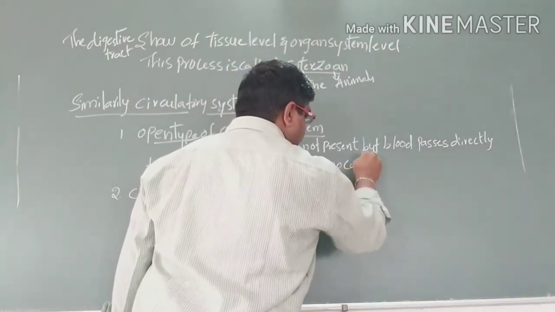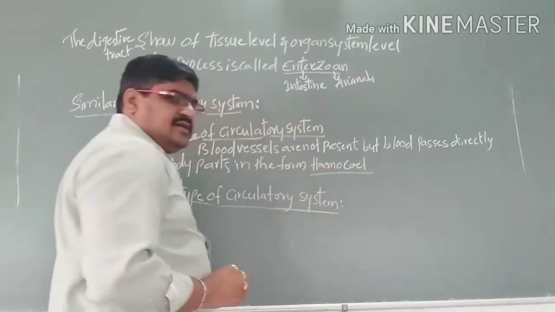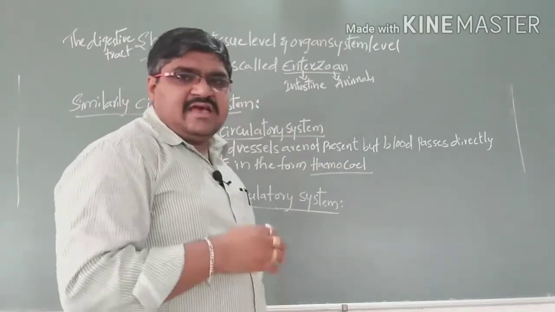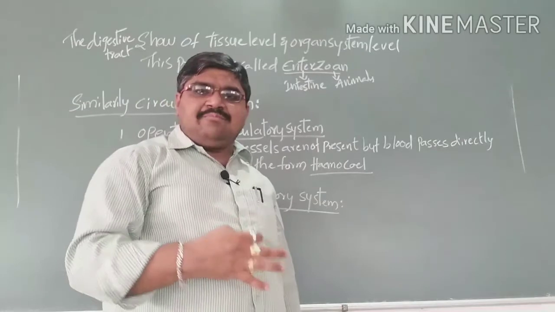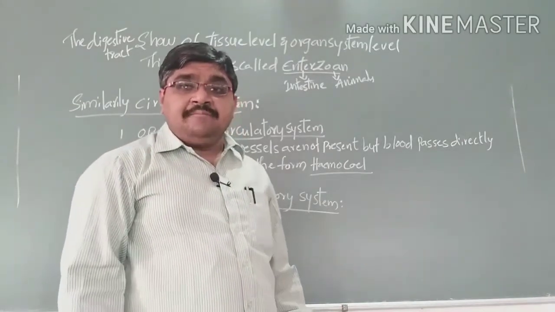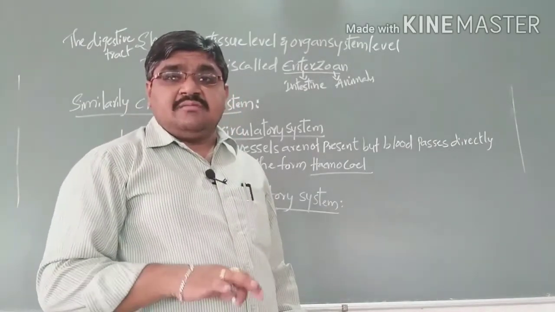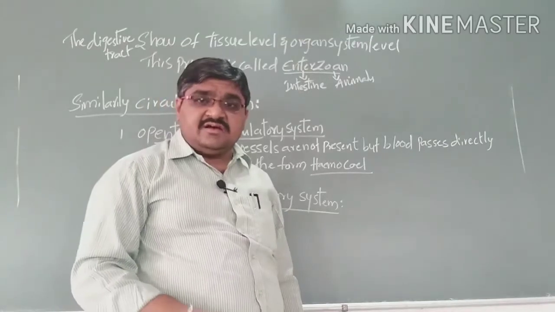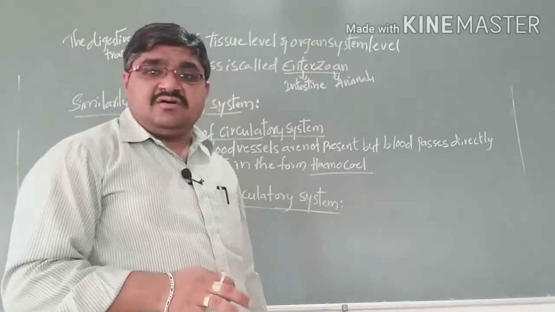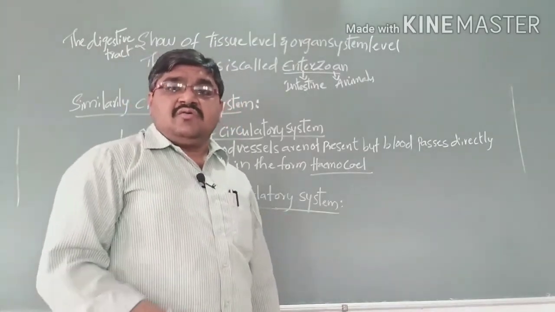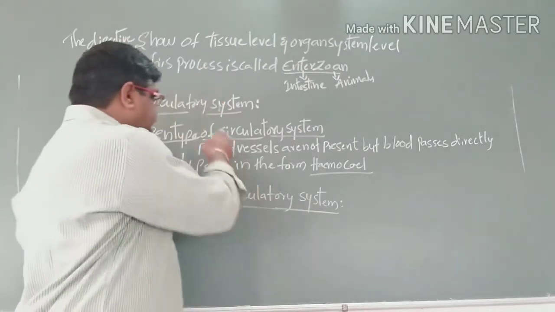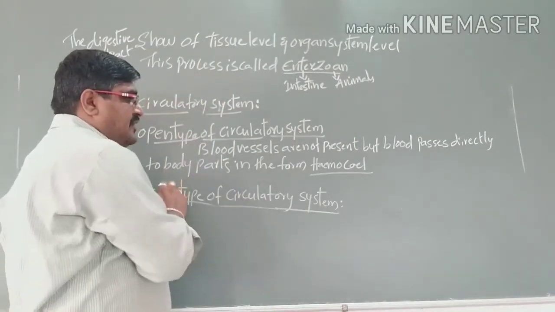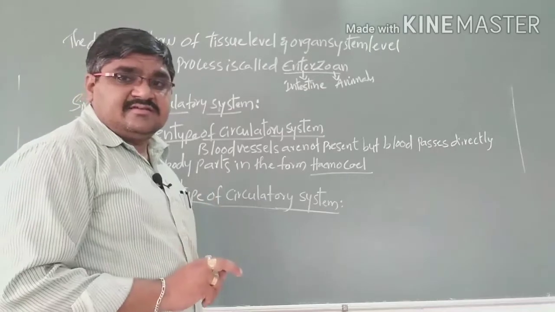Hemo means blood, coel means cavity. That means through the cavity, the blood passes directly to the body parts. Such a circulatory system we call the open type of circulatory system.